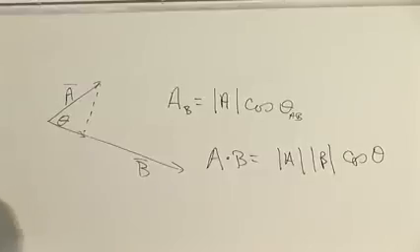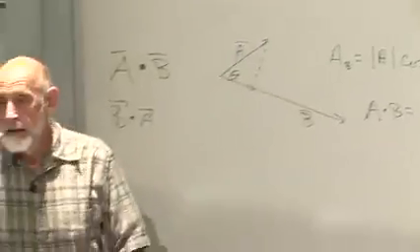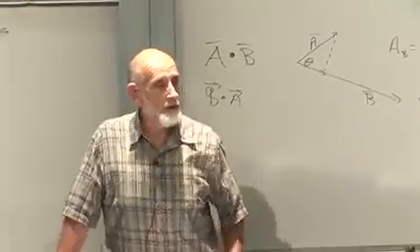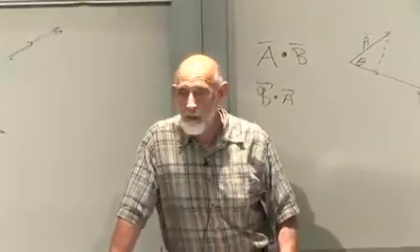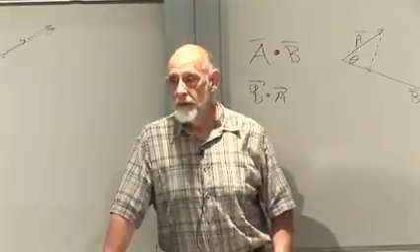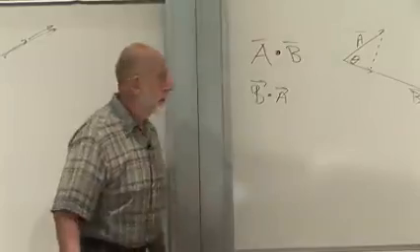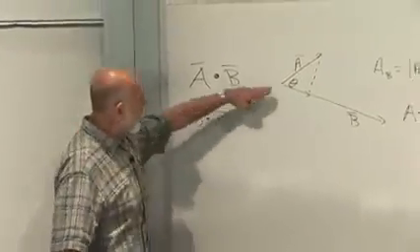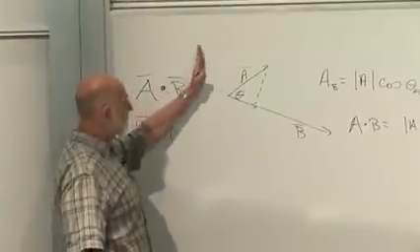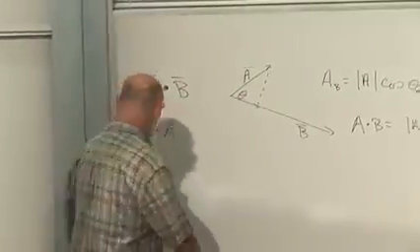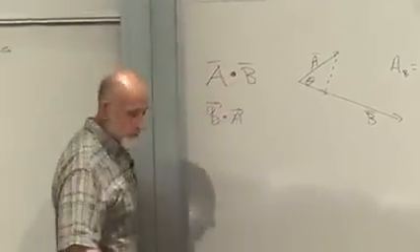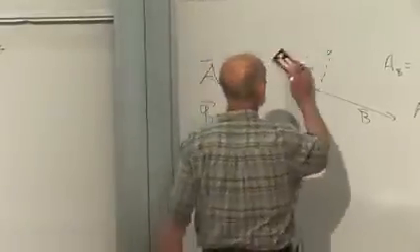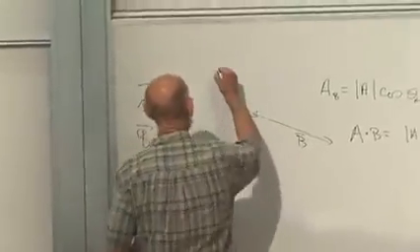Is A dot B always positive? And if not, under what circumstances would it be negative? When is the cosine negative? The cosine is negative if the angle is bigger than 90 degrees. That would be the situation, for example, where A was pointing like that.